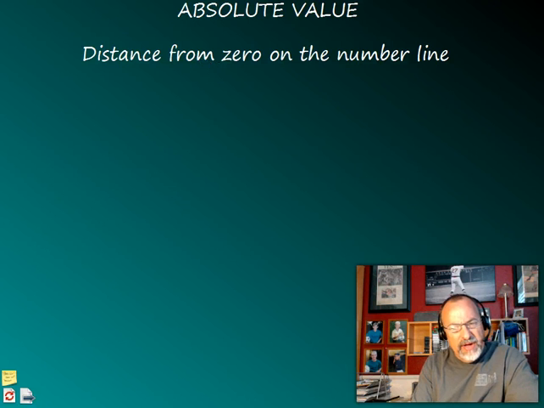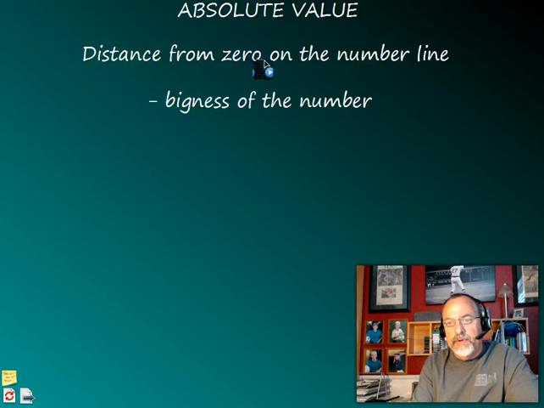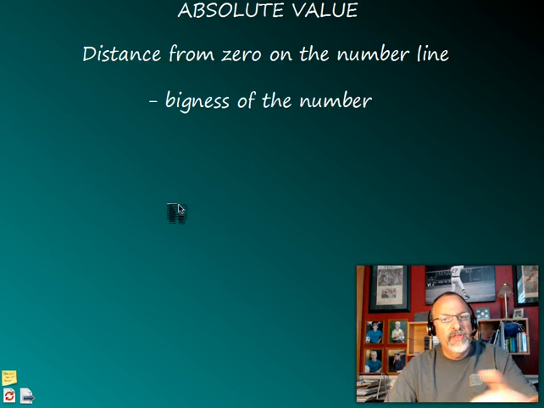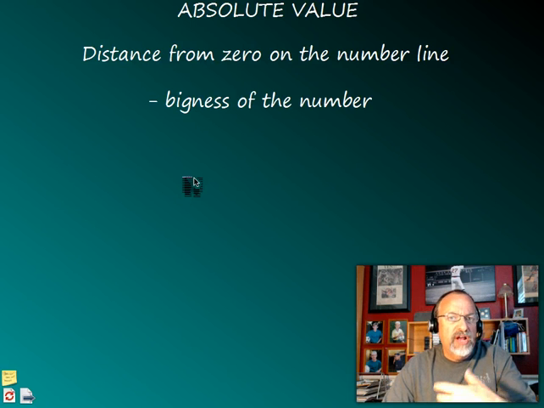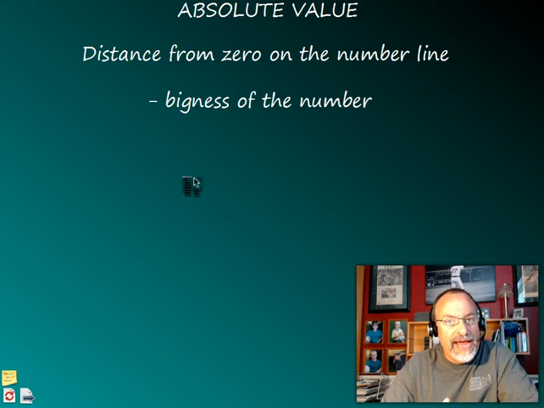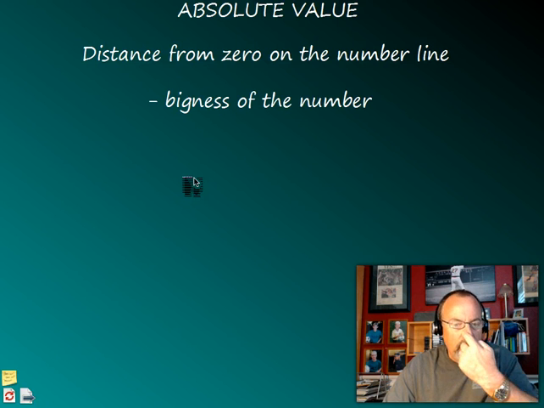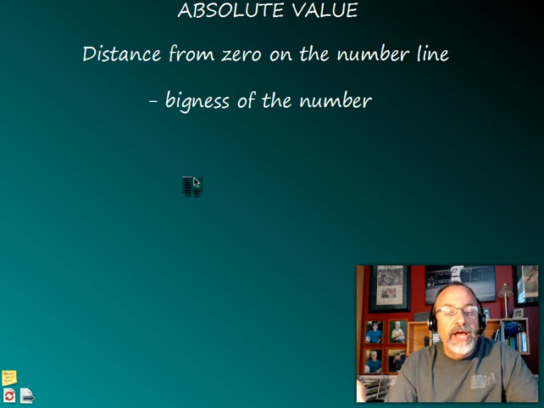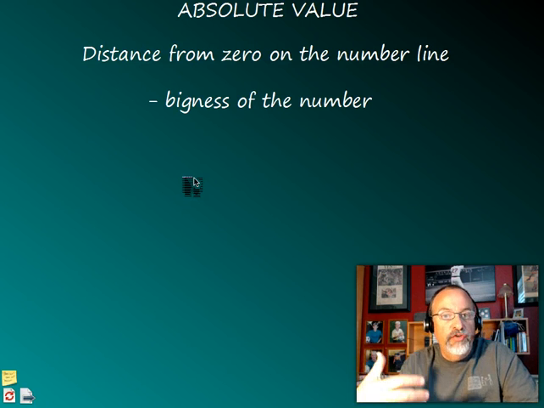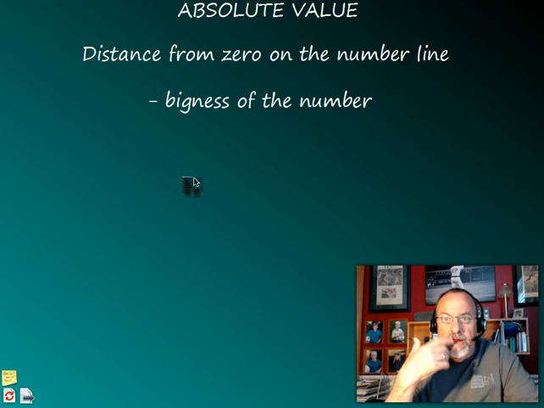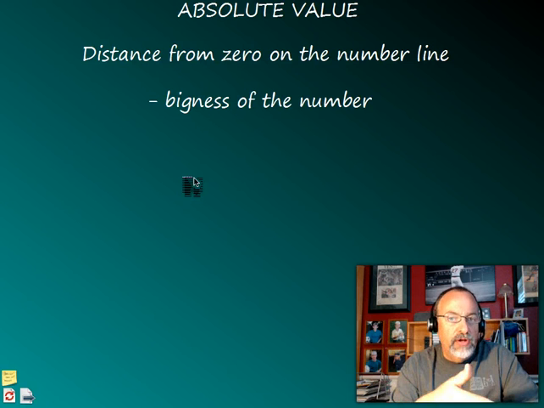So another way to think about absolute value, and I already popped it up here, you probably saw it, is that it's talking about the bigness or the largeness, or what's the actual value of the number. And I think the easiest way to think about this is to think about money. If you have $300 in your savings account, you have $300, it's yours. Now, if you owe somebody $300, you don't have it, you owe them $300.